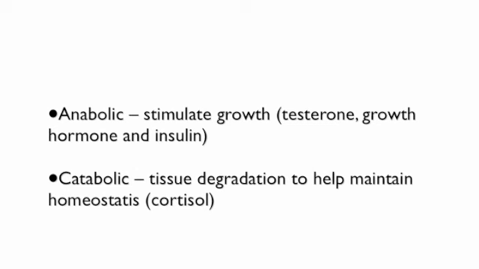We have anabolic and catabolic. Anabolic, if you recall from the previous chapter or the one before that, means taking smaller molecules and forming larger molecules. So when we talk about anabolic hormones, hormones like testosterone, they're involved in synthesizing protein, increasing the amount of contractile protein in the muscle fiber.